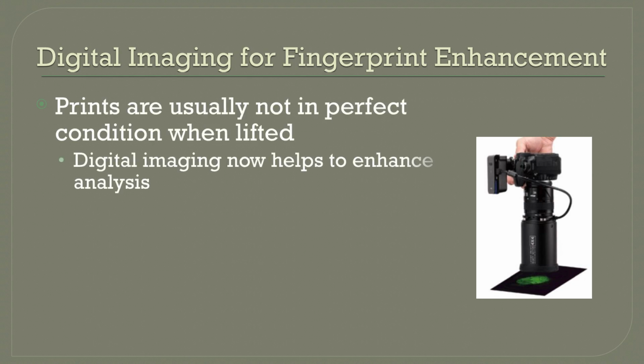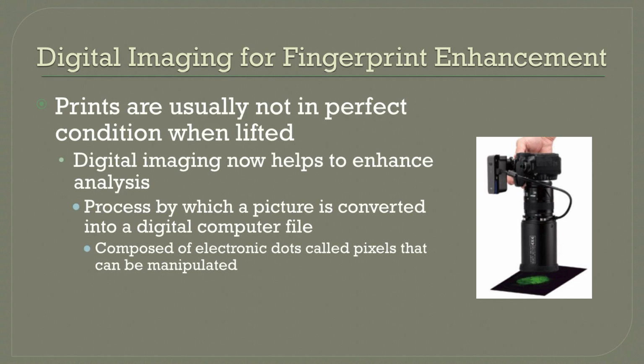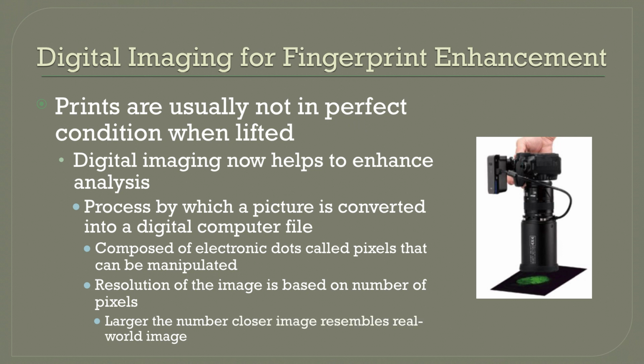Digital imaging for fingerprints has actually played a huge role in the quality of fingerprinting, as prints are usually not perfect when they are lifted from the scene, but now digital imaging has the ability to enhance the analysis process.